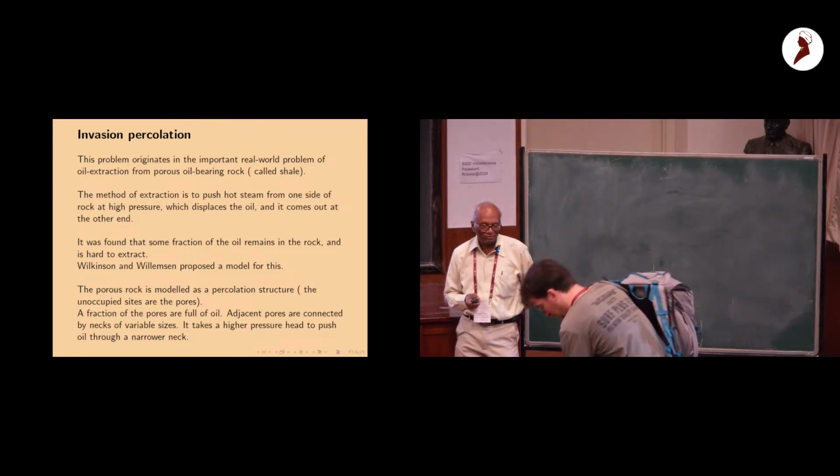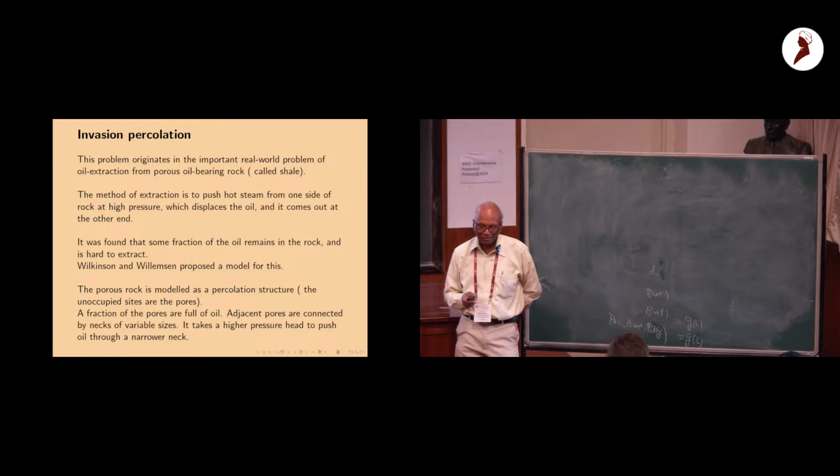But it turns out that people found that all the oil doesn't come out. Some of the oil remains in the rock, some 30%, which is quite a lot. And of course, the oil companies would like not to waste so much oil, and can we improve it in some way?